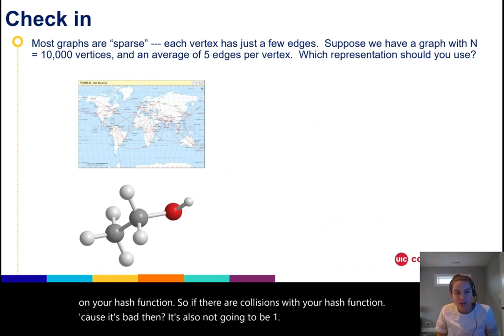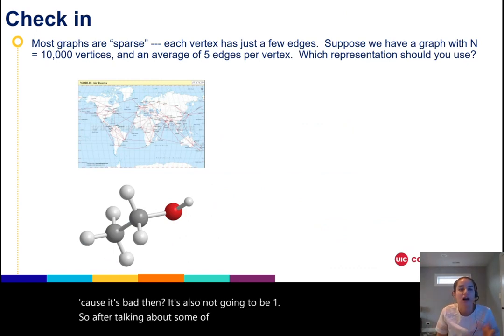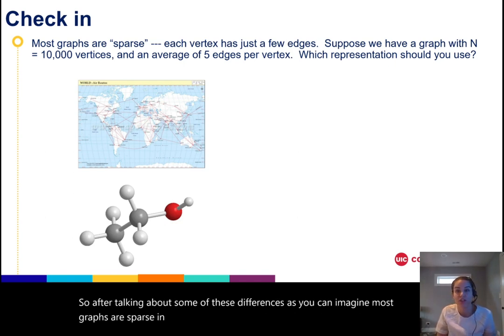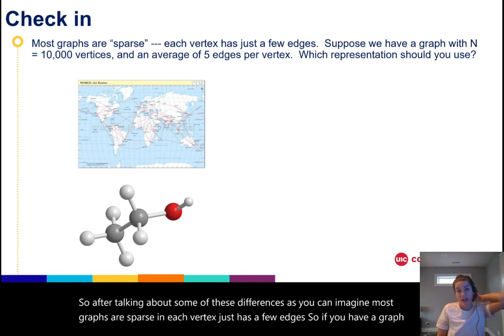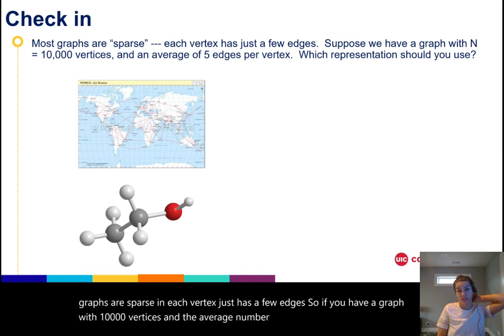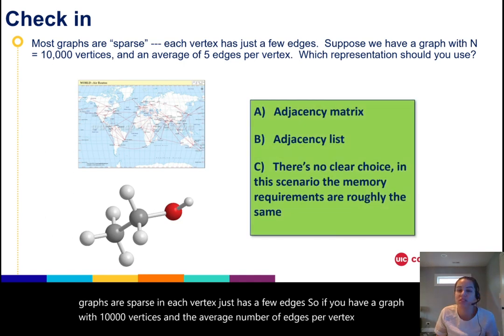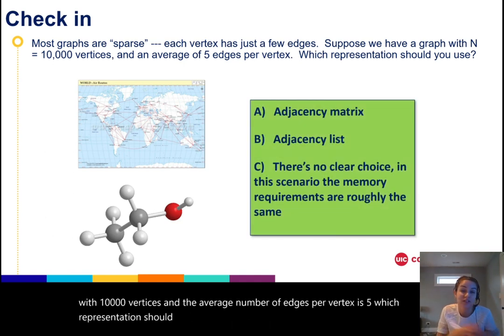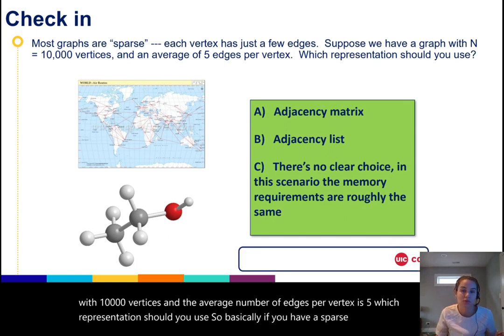After talking about some of these differences, as you can imagine, most graphs are sparse and each vertex just has a few edges. So if you have a graph with 10,000 vertices and the average number of edges per vertex is 5, which representation should you use? Basically, if you have a sparse graph, what is the best representation?